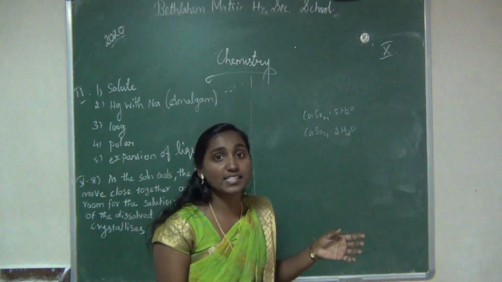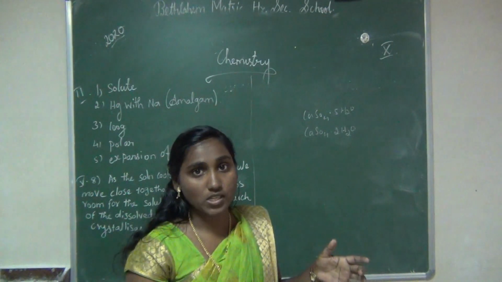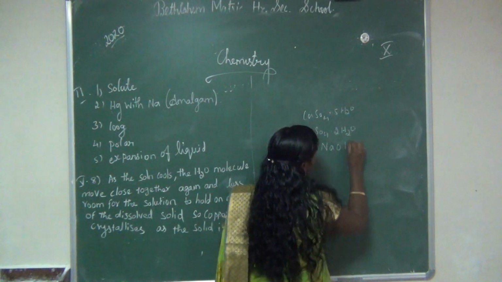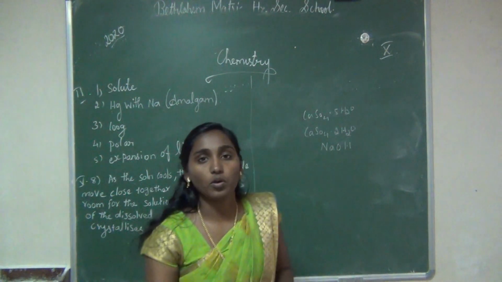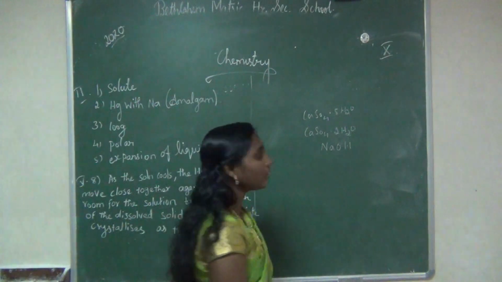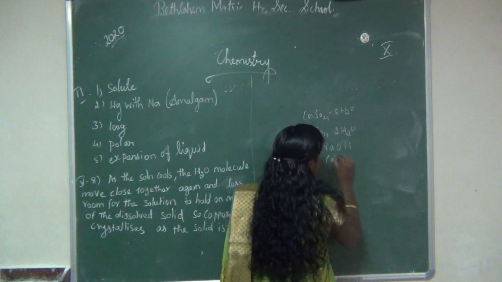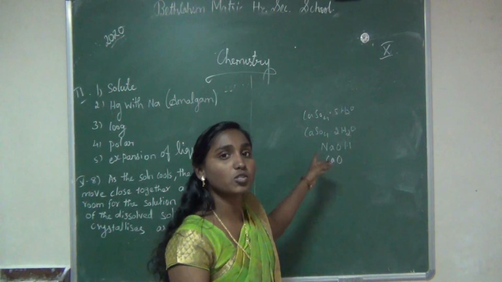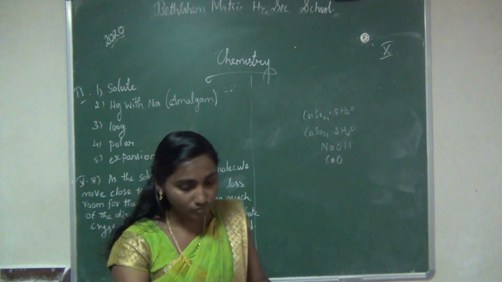Deliquescence substance example, sodium hydroxide, right? Sodium hydroxide, NaOH. Deliquescence answer, NaOH. Then hygroscopic answer, calcium oxide, CaO. Calcium oxide is the example for hygroscopic substance.